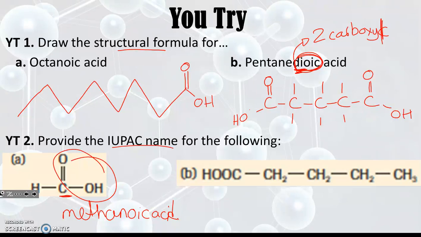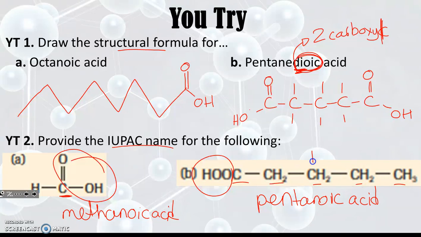The last example you were supposed to try is a 1, 2, 3, 4, 5 carbon chain attached to a carboxyl group at the end. So this would become pentanoic acid.